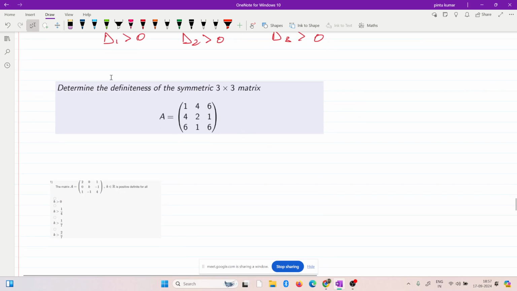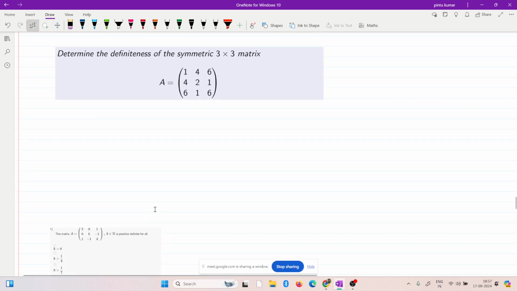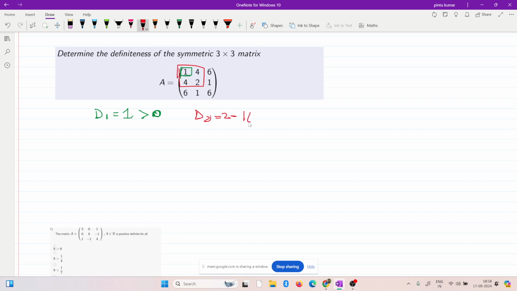Now let's solve one more example. We have to determine the definiteness of this symmetric matrix. Again, D1, the determinant of this 1 by 1 minor, is greater than 0. What is D2? The determinant of this 2 by 2 minor is 2 minus 16, that is minus 14, which is less than 0.